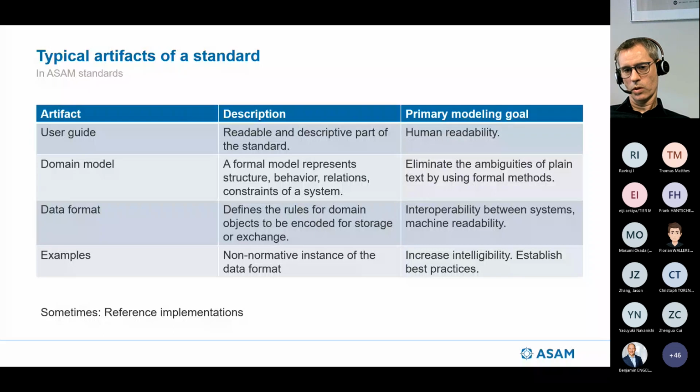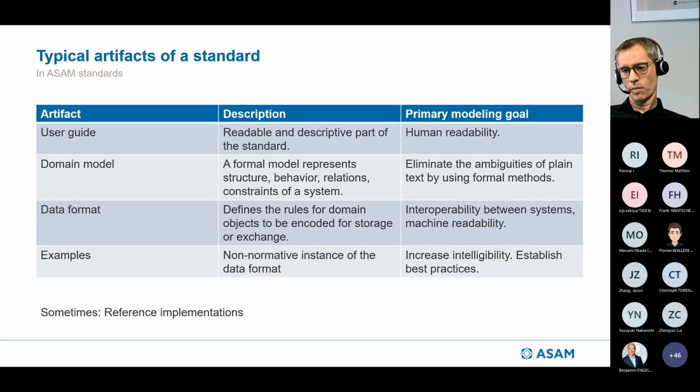When it comes to other typical artifacts of a standard, we also have a look at the primary modeling goals, just to make sure we can think of these artifacts as models. The user guide has as its primary modeling goal human readability, which means that whenever you provide your standard, you want to have a piece of readable explanation that gives you a good idea about the domain you're describing.